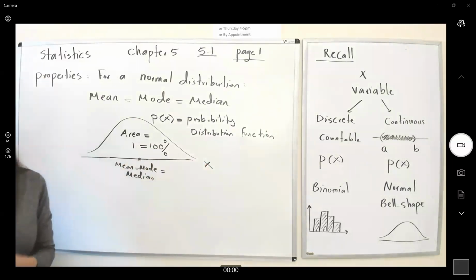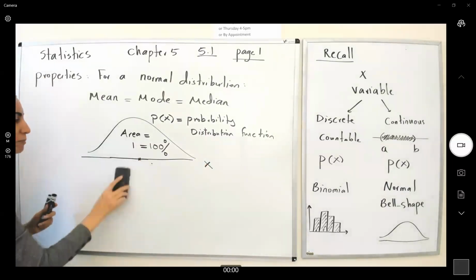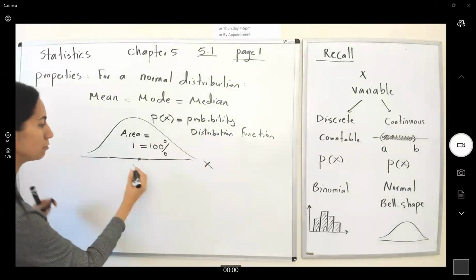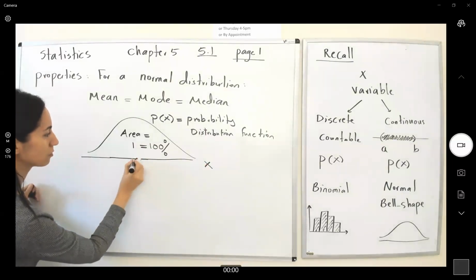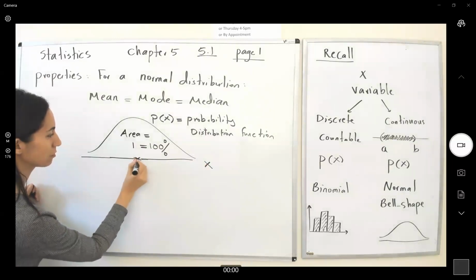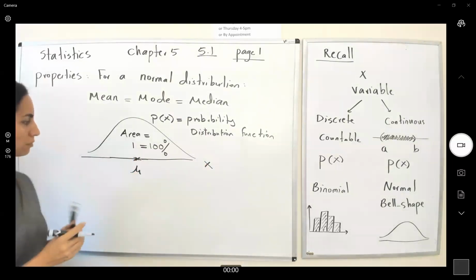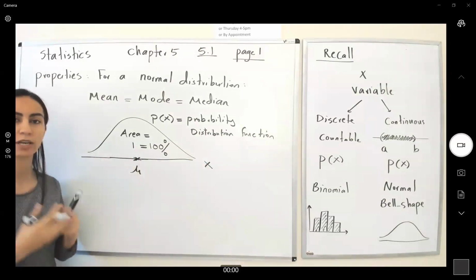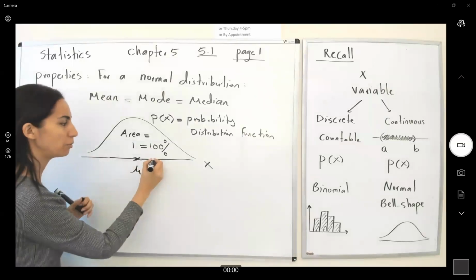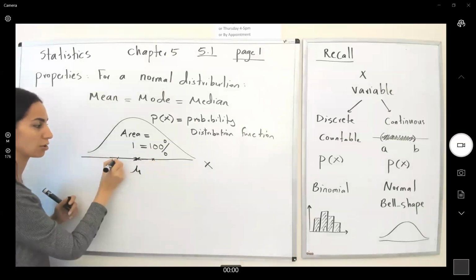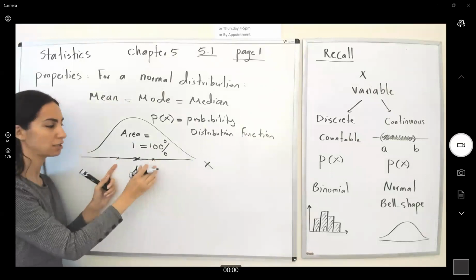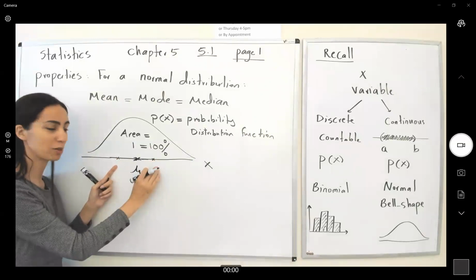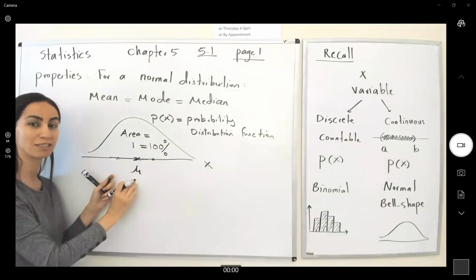So we talked about the mode, mean, and median. Let us use mathematical symbol that we learned before. Suppose I'm using the mean, mu. Okay, so on the horizontal axis, you can actually label these by using standard deviation and the number of units that the data are away from the mean using your sigma.